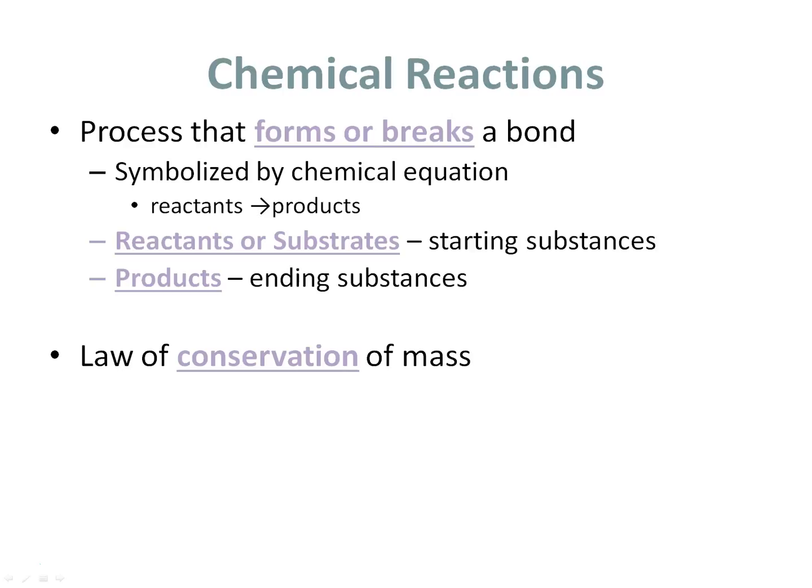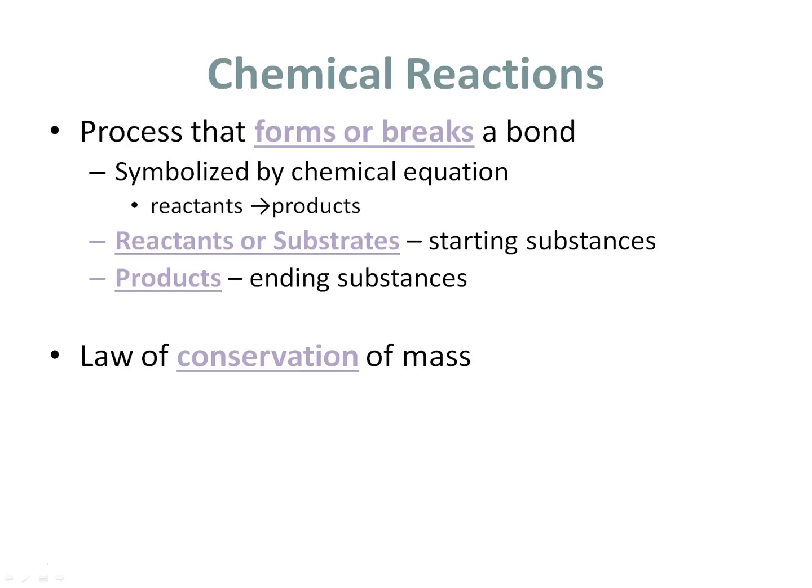Sometimes you will also have a double-headed arrow indicating that the reaction can go both directions. Oftentimes we will put the enzyme name above the arrow to indicate what enzyme catalyzes the reaction. So our starting substances are called reactants or substrates.